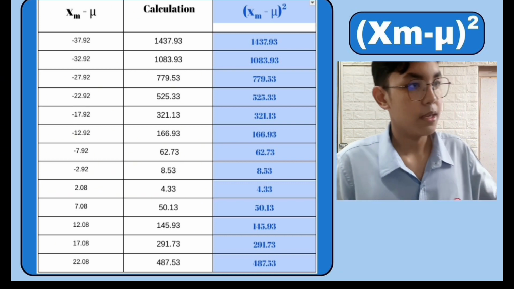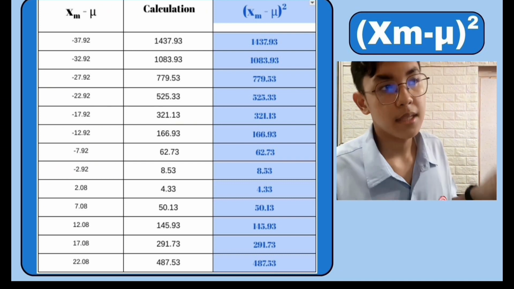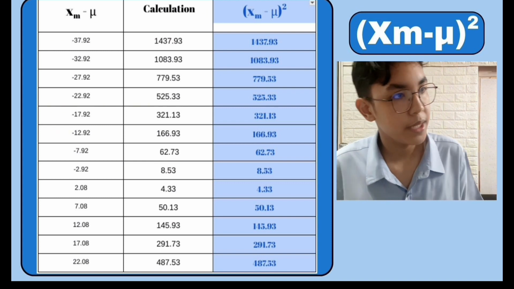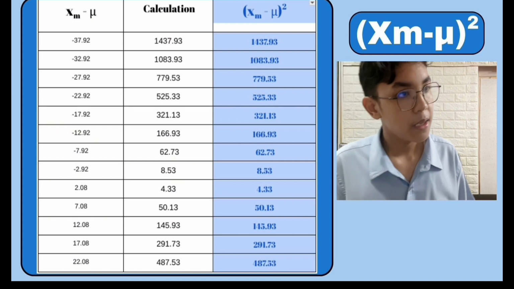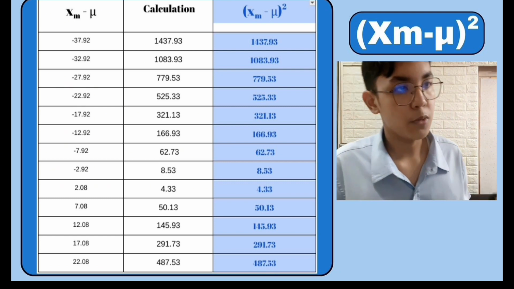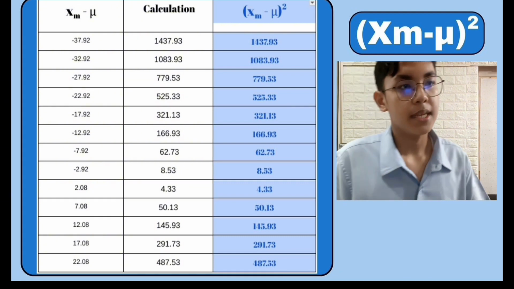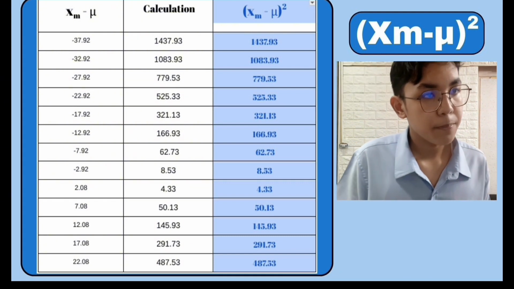Negative 27.92 squared, we get 779.53. Negative 22.92 squared is 525.33. Negative 17.92 squared is 321.13. Negative 12.92 squared is 166.93. Negative 7.92 squared is 62.73. Negative 2.92 squared is 8.53.